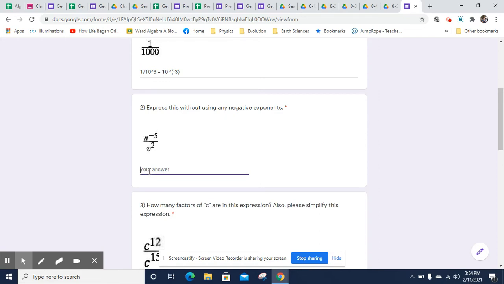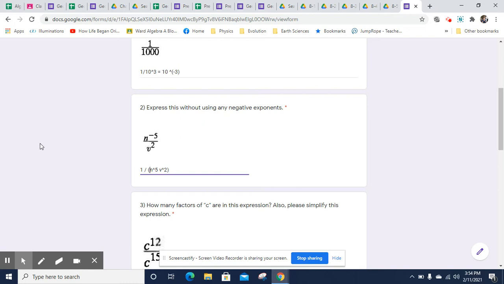The v to the second power in the denominator can stay right where it is. So it's going to be 1 divided by n to the fifth power times v to the second power. And I put that in parentheses so it's really clear that all of that is the denominator.